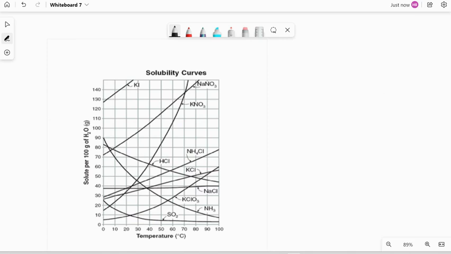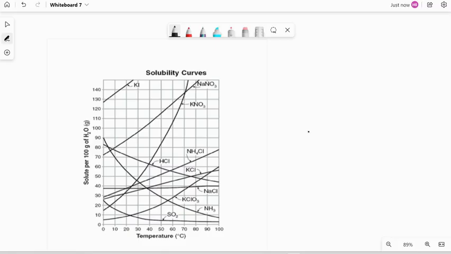I'm going to pick one that has the greatest slope. Just like in math class, the graphs in chemistry class tell you the same thing too. So the one with the greatest slope has the greatest change in solubility with relationship to temperature. So it's the one where the solubility changes at the greatest rate when you increase the temperature. And that's going to be KNO3.